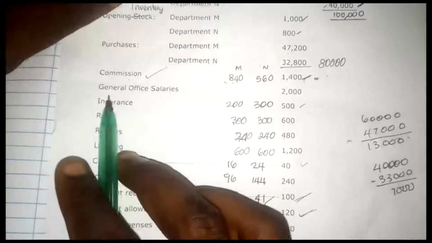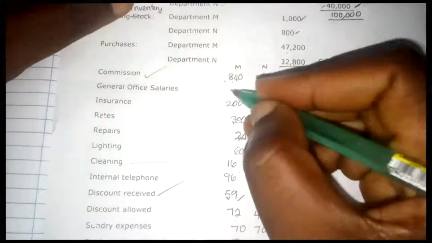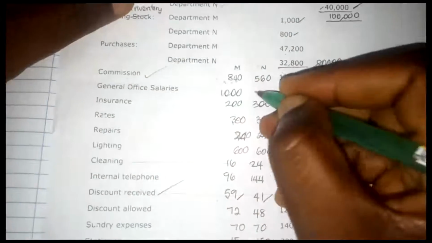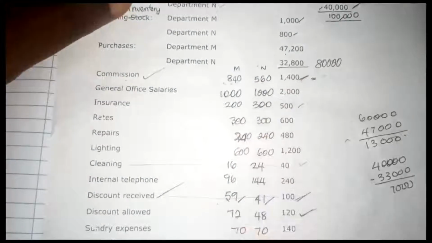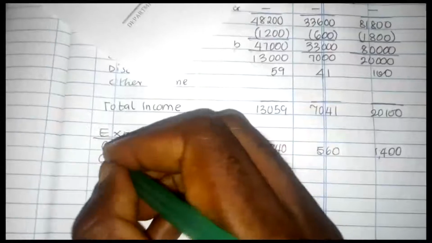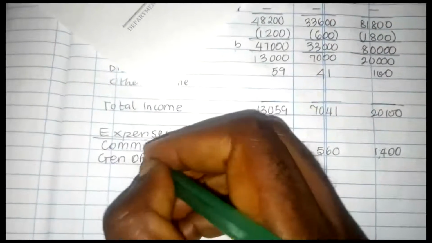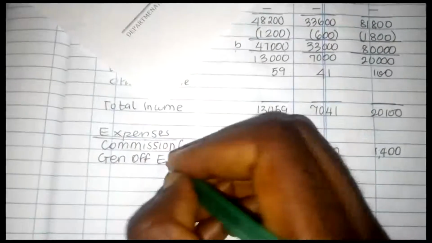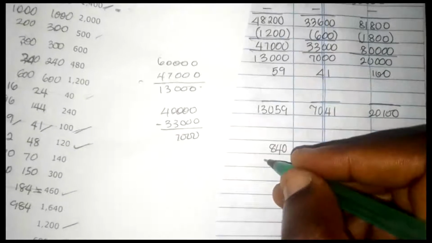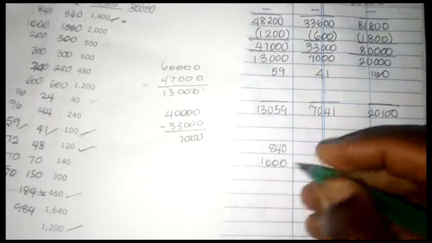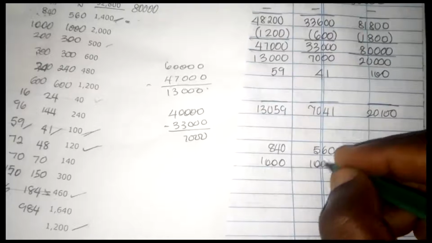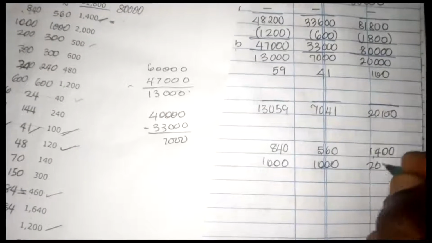Like general office expenses. The general office expenses will be divided equally, that is 1,000, 1,000, which is 2,000.